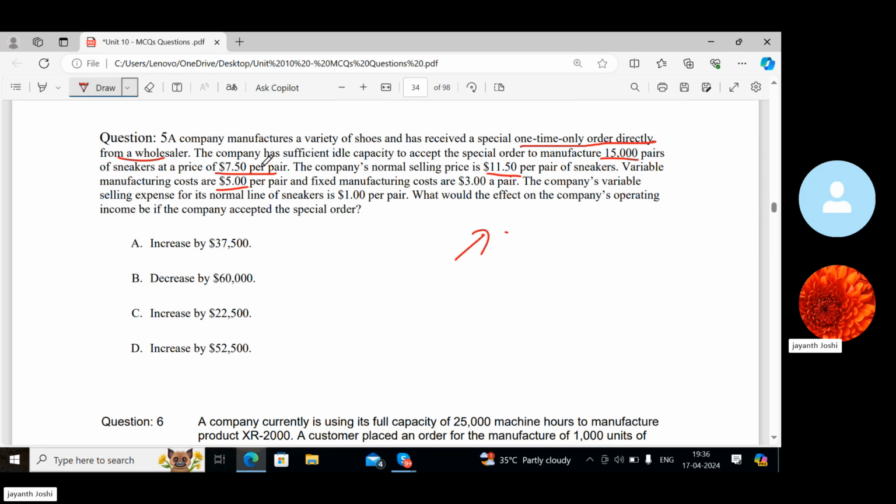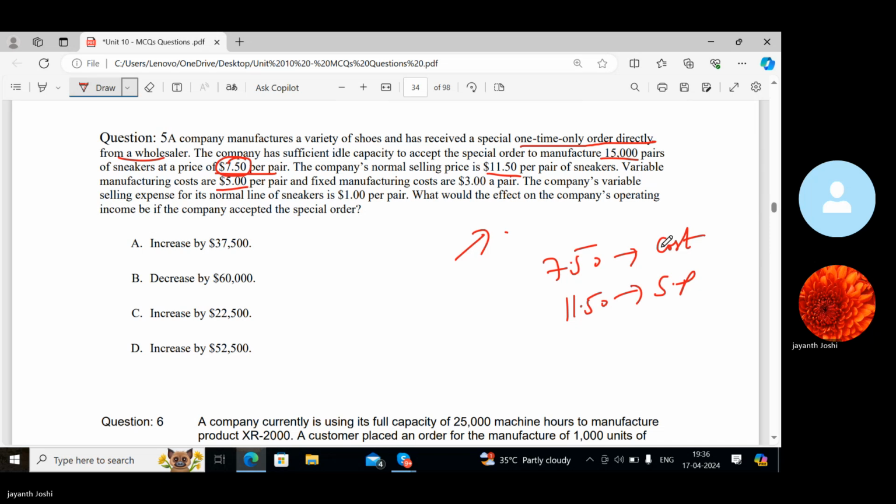So what they are saying is, the company has sufficient idle capacity to accept the special order to manufacture pairs of sneakers at a price of 7.50 per pair. So if they want to make a sneaker, they are going to make it for how much? 7.50. The selling price of a sneaker is 11.5, correct?